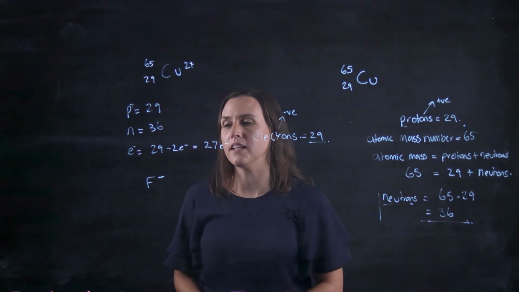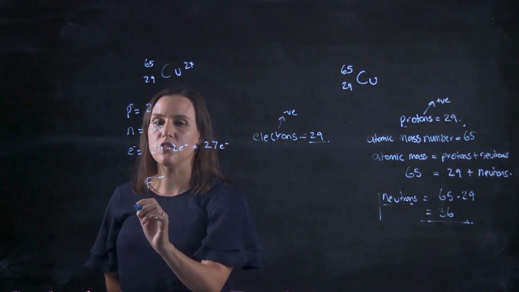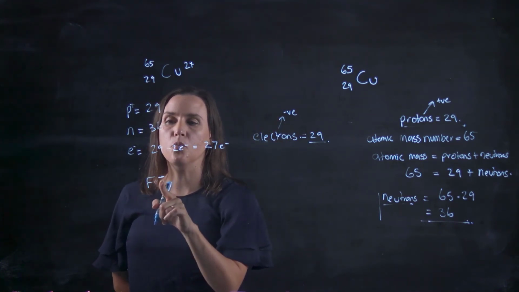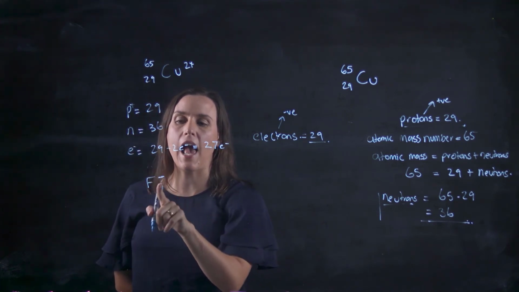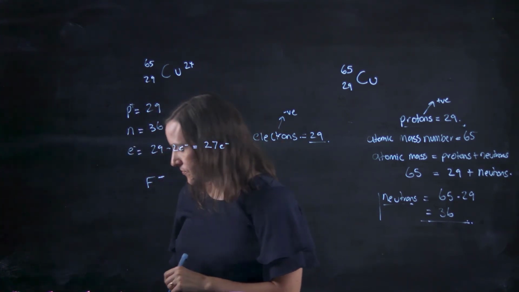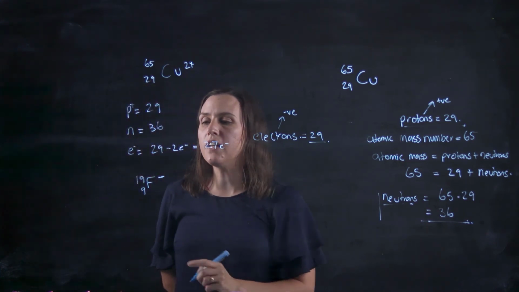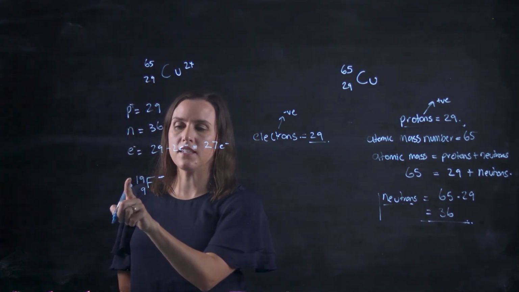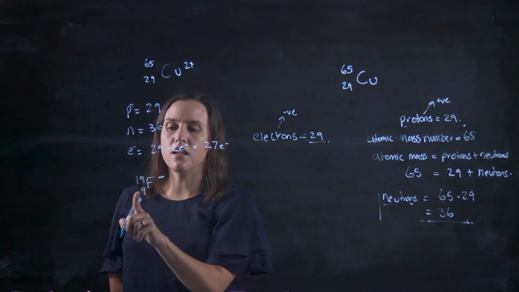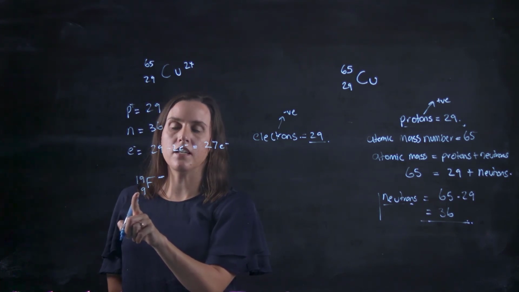so fluorine minus. So just looking at the electrons there, I would work out the number of protons and I would add an extra electron. So fluorine has an atomic mass number of 19 and the element number is 9.